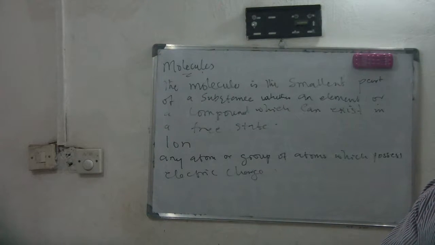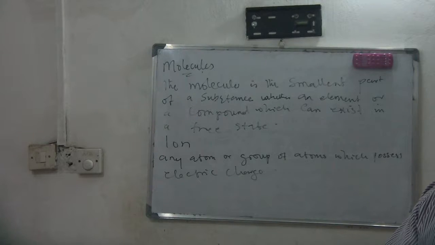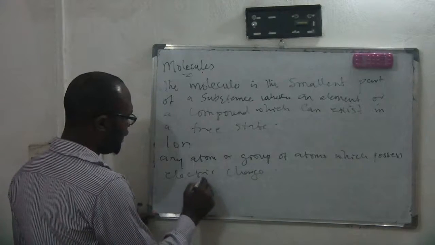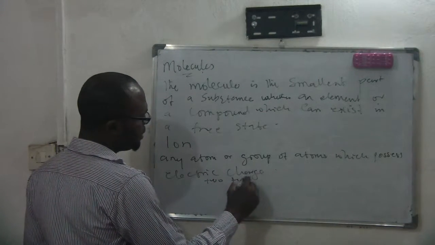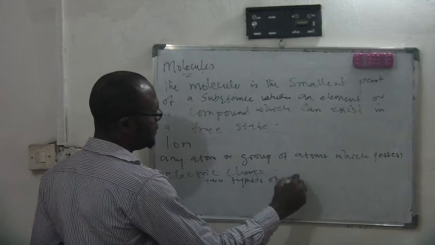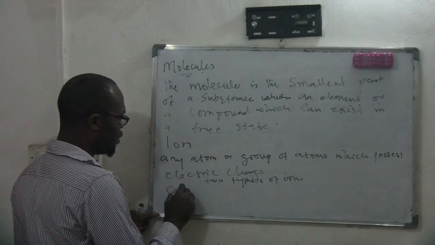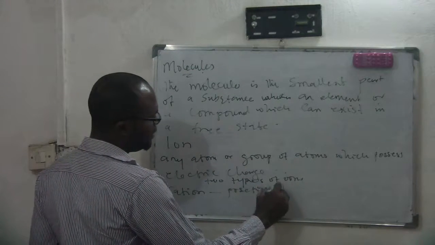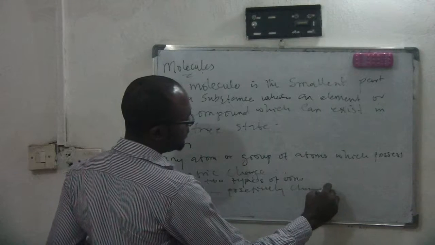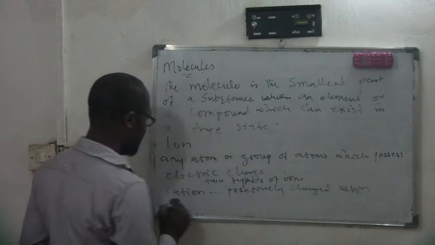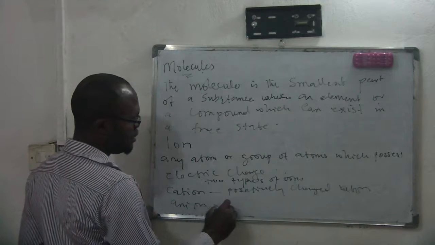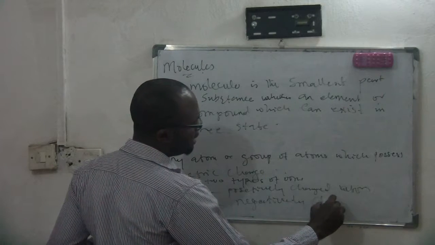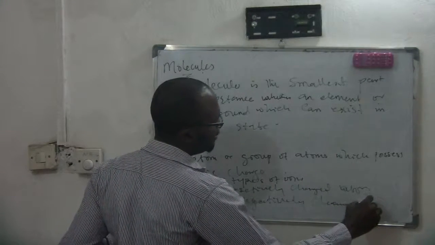There are two types of these ions. We have the positively charged ones, known as cations, and the negatively charged ones, known as anions. Cations are positively charged atoms, and anions are negatively charged atoms.